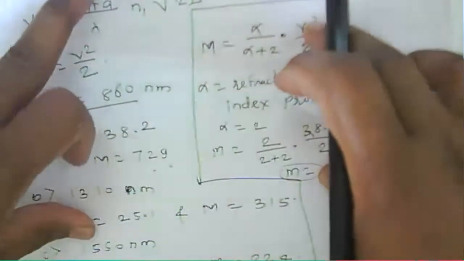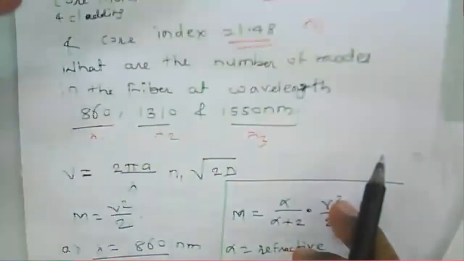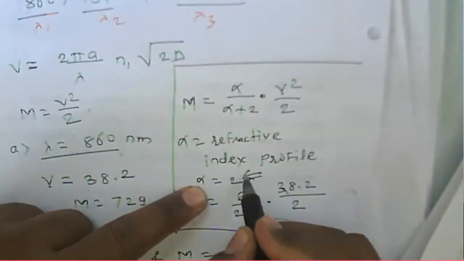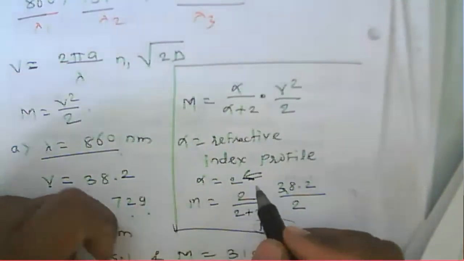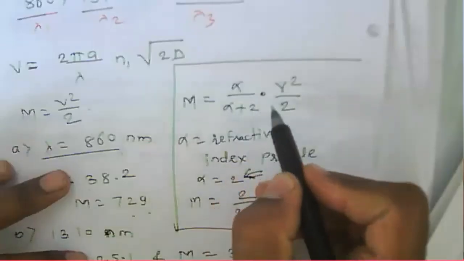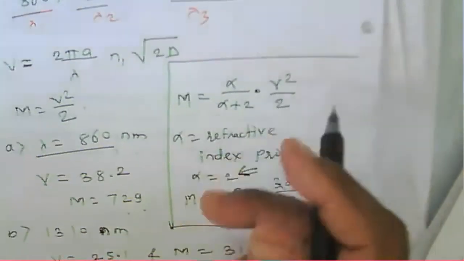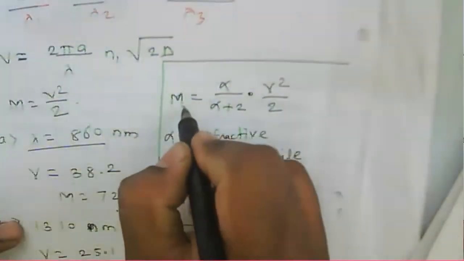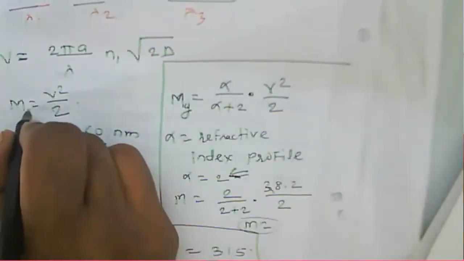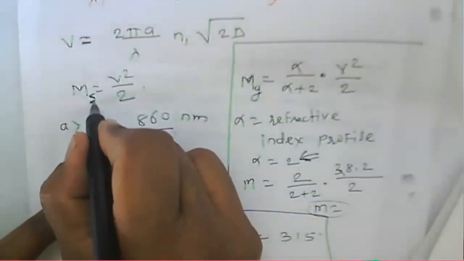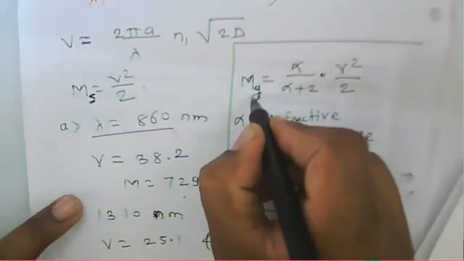The number of modes depends on which fiber we have, whether it is a step index fiber or graded. Alpha equal to 2 means the profile will be parabolic. Alpha can be 3, alpha can be 1, so the alpha value will vary. If alpha is equal to 1, then it will be a triangular profile. This equation is for the graded index fiber and that one is for the step index: ms is for the step index fiber, mg is for the graded.